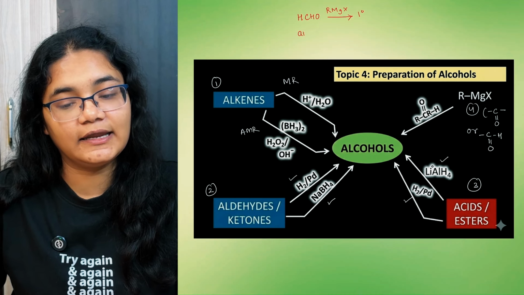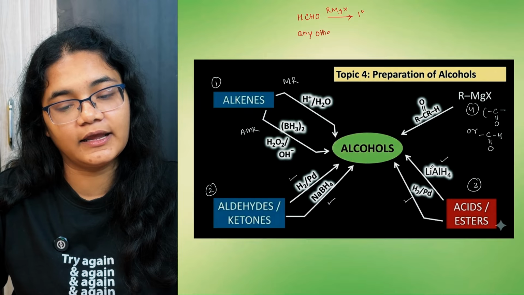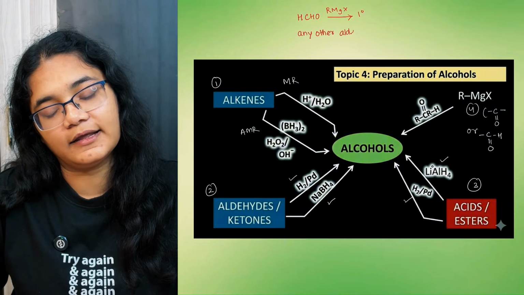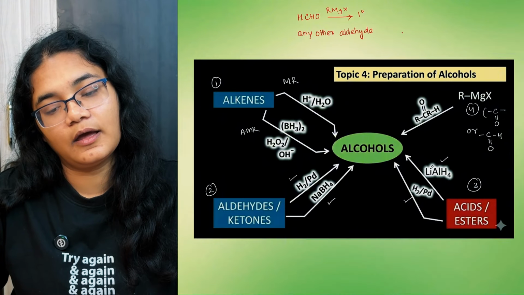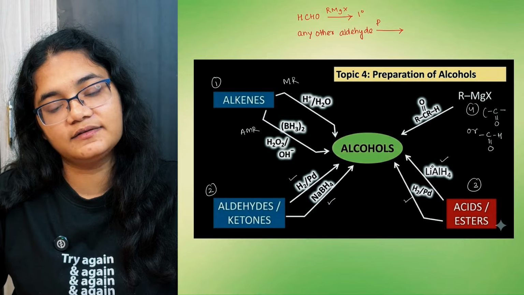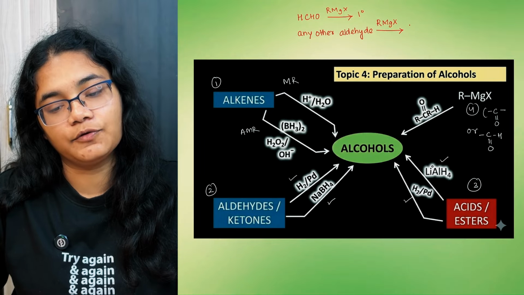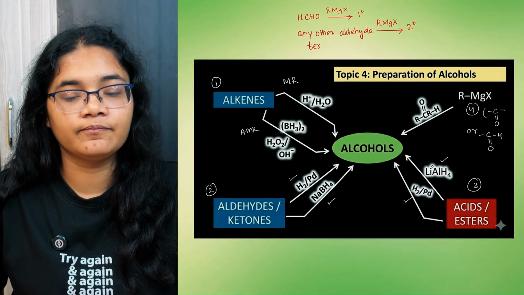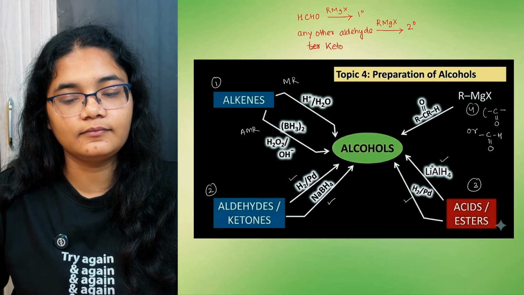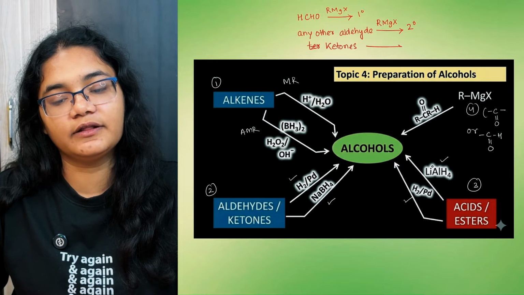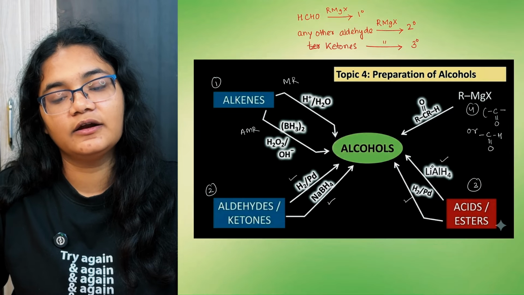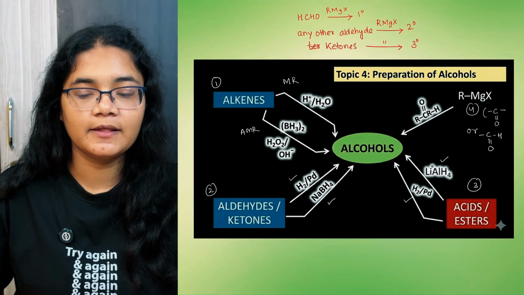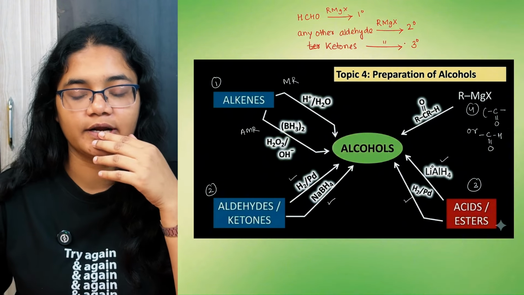But if you take any other aldehyde and treat it with RMgX, you will get secondary alcohol. And if you take ketone and treat it with RMgX, you will get tertiary alcohols. So that is the reaction order.